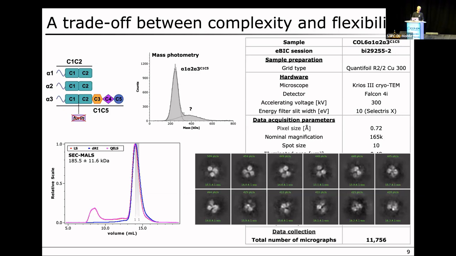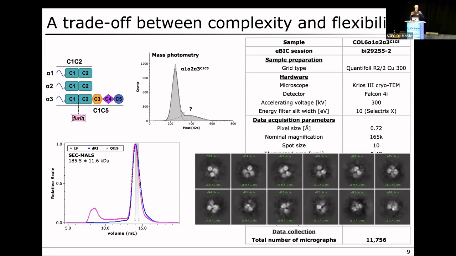It doesn't look great, but as you can probably guess based on the classes. And we realized this is basically because this larger construct still has too much intrinsic flexibility. In fact, there is some literature indicating that this C3 domain is disordered. If you make an AlphaFold model, it can't really make any sense of that region.